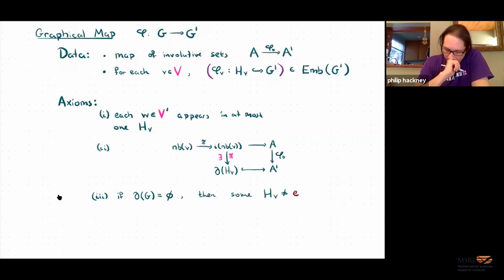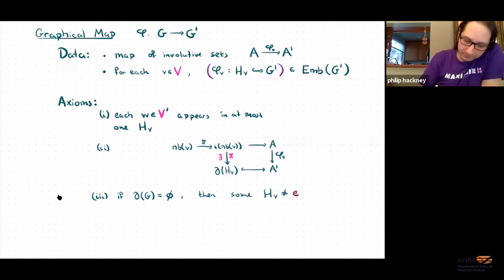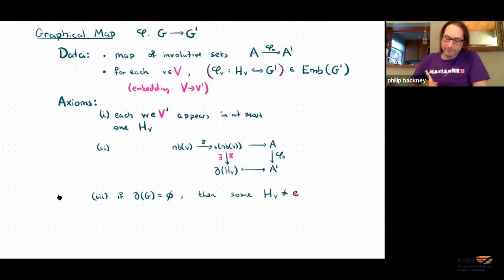And before, you had a map from, let's say, V to V prime, was part of the data.